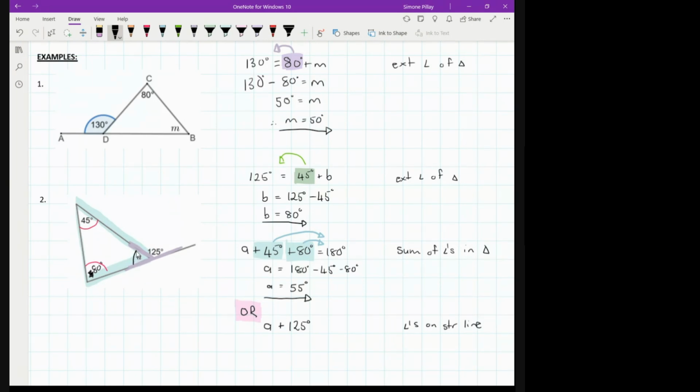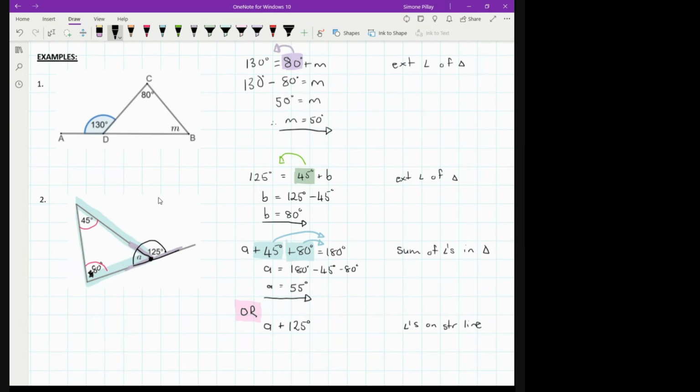Remember, angles on a straight line is only the angles that are included in my y over here. This is my straight line, and this is my point. The rule is that any of these angles that are created at this same point, when you add those up, they're going to add up to 180 degrees.